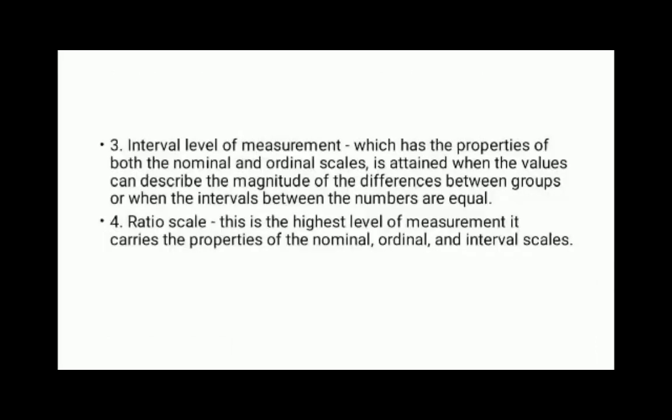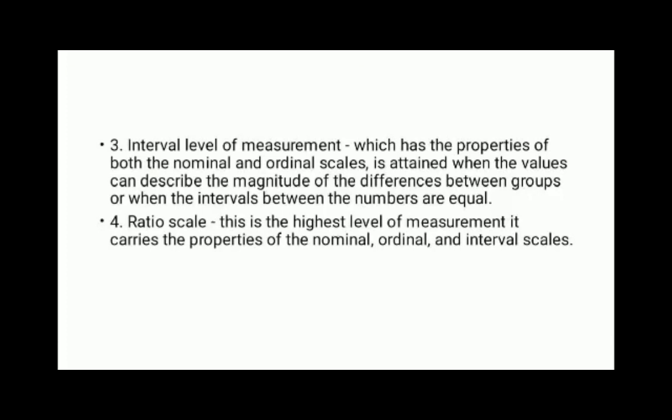Third is interval level of measurement, which has the properties of both the nominal and ordinal scales. It is attained when the values can describe the magnitude of the difference between groups, or when the intervals between the numbers are equal.